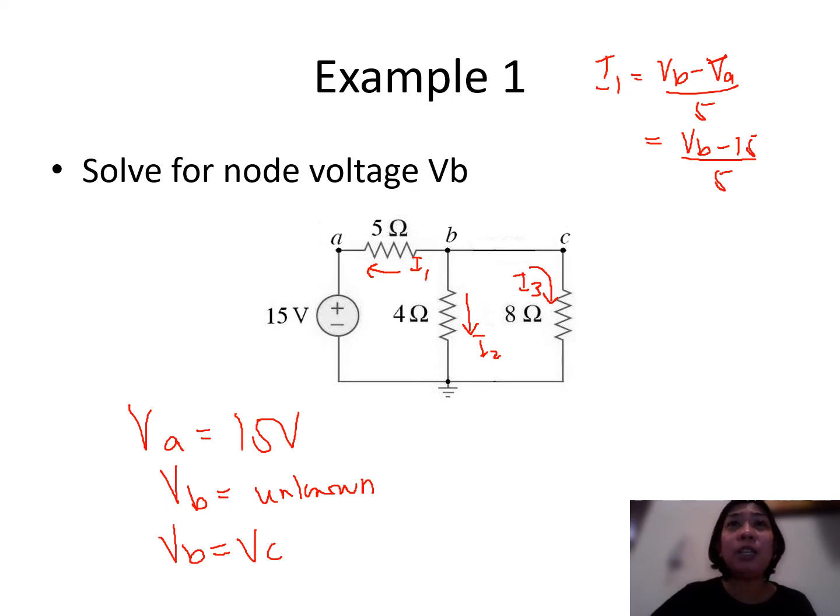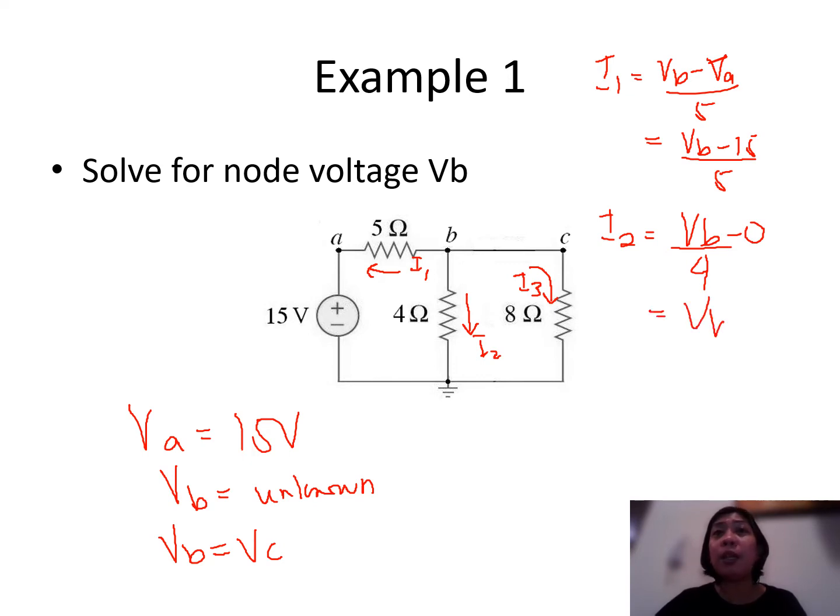And then let us write our equation for I2. Since I2 is connected to the ground, reference to the ground, we can say that our I2 here is equivalent to VB all over 4. So that is VB minus 0 all over 4, or simply VB all over 4.